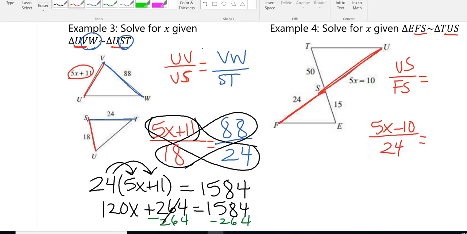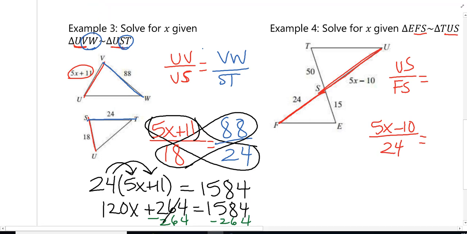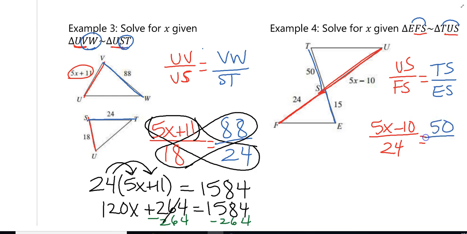Alright, our other side, so going back to that original triangle. So if I did US on the top, I'm going to have to do TS at the top. That's going to correspond to ES, which is over here. So TS is 50, ES is 15.